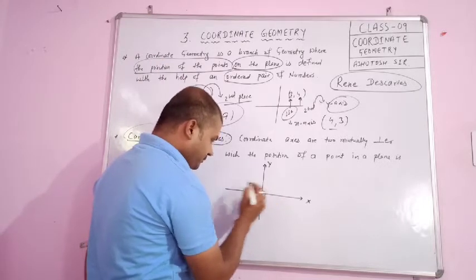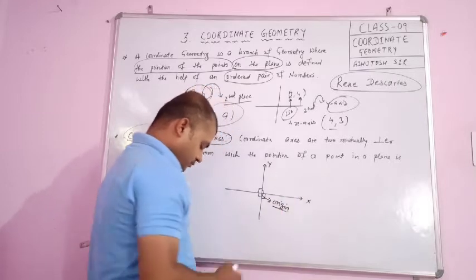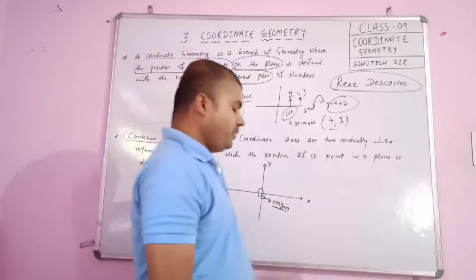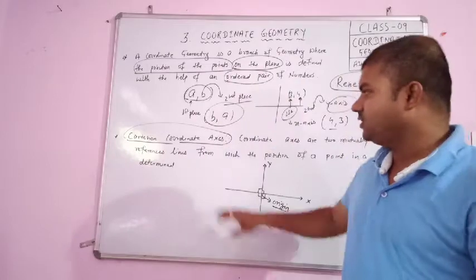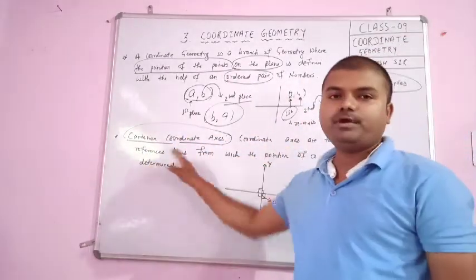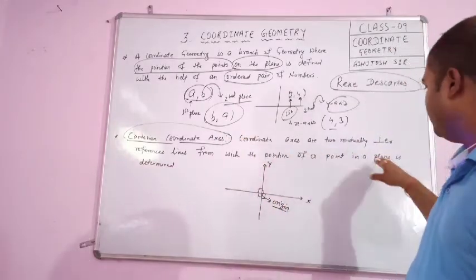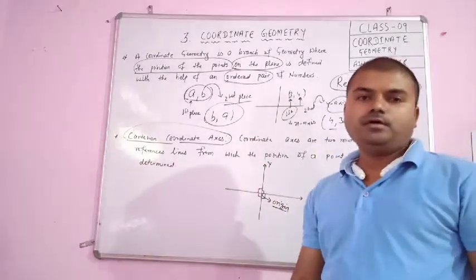And this one is the origin. That means the Cartesian coordinate axes are the two mutually perpendicular reference lines on which we draw the points.